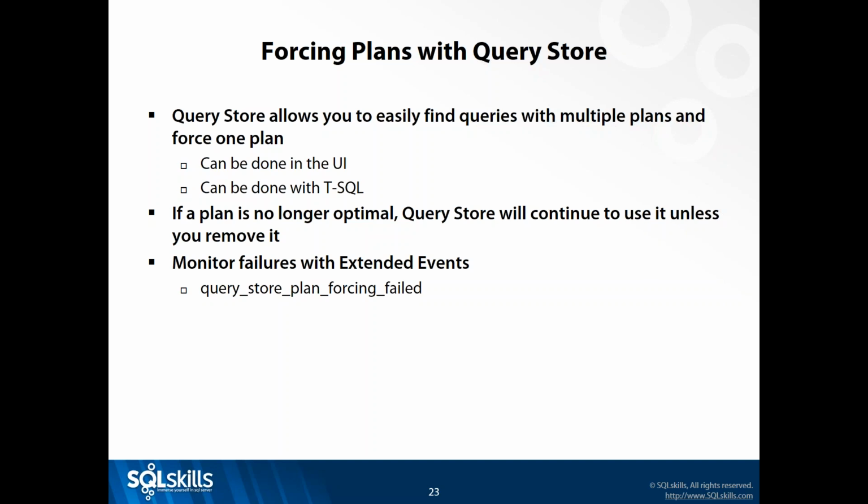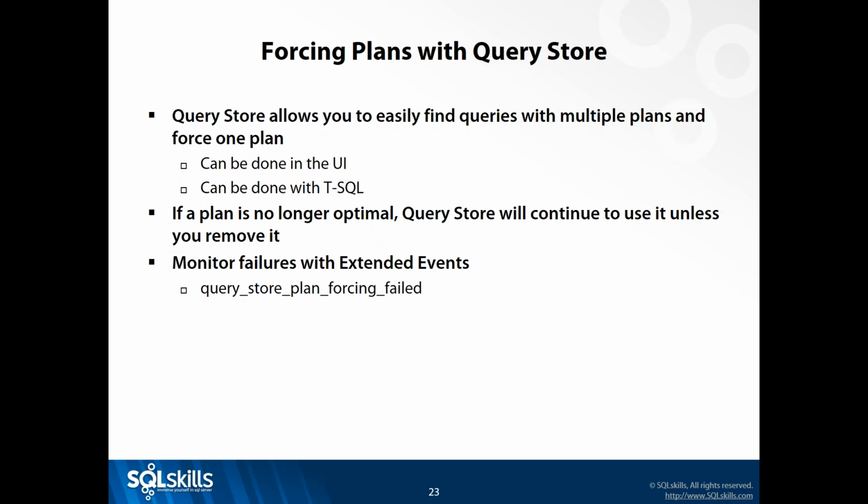And then you can force a specific plan to be used for that query. And you can do that in the UI, and you can also do that with T-SQL. And my recommendation would be to use the T-SQL because I know you all have change control, and then it can get logged in change control. But if you don't, then maybe the UI just works fine.